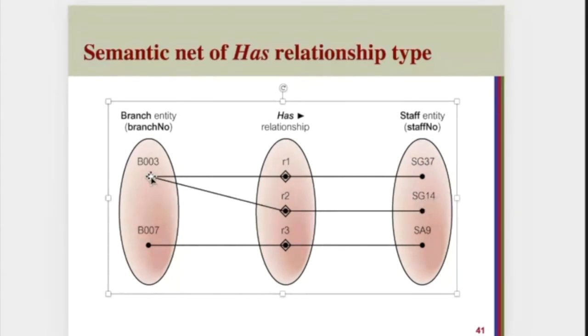So you see branch B003 is related to SG37, and it has another relation with SG14. These R1, R2, R3 are the relationships. So you can see B003 has two employees. Branch B007 has only one employee according to this picture, SA9.